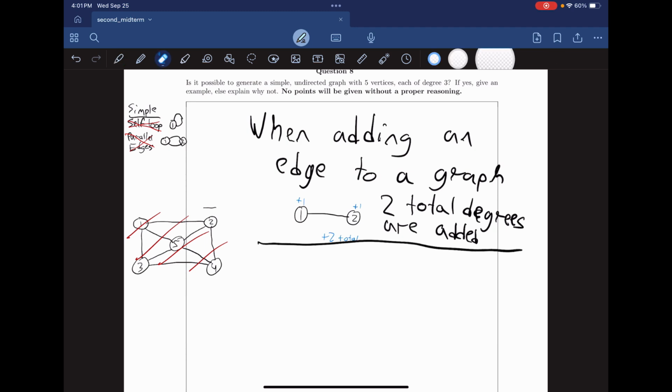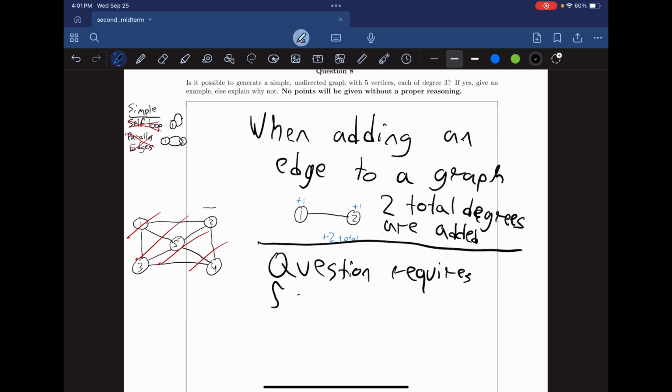All right, so that's our first part of this explanation. The second part is looking at the requirement of what this question asks us to achieve. This question requires 5 vertices of degree 3.